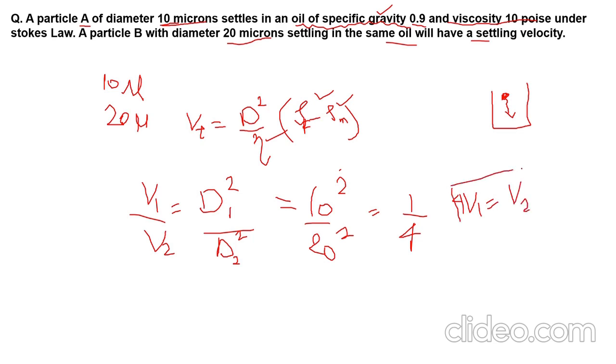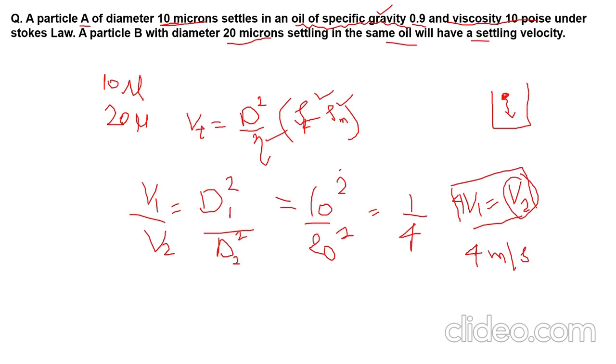What does it mean? It means if you have a particle of a higher diameter, the terminal velocity will increase, right? That means if a 10 micrometer particle was moving with a velocity of, say, 1 meter per second, then you have a terminal velocity now of 4 meters per second for a particle of diameter 20 microns.